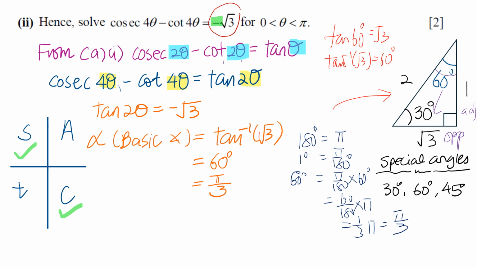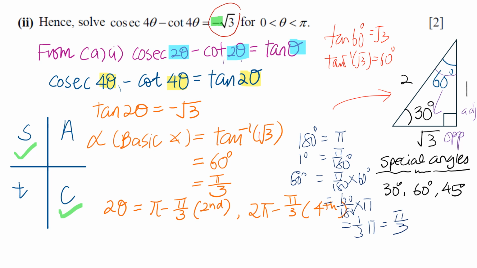Alright, so to find the second quadrant, we will just take pi minus the basic angle. And to find the fourth quadrant is 2 pi minus the reference angle.